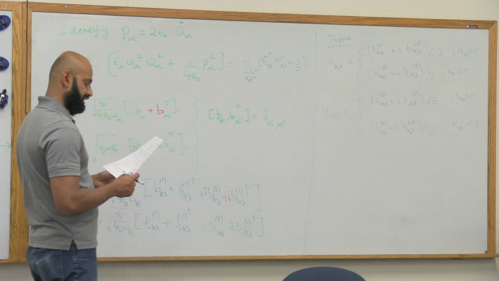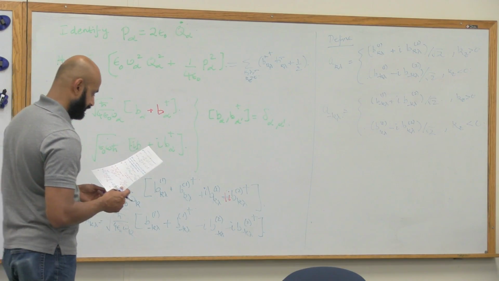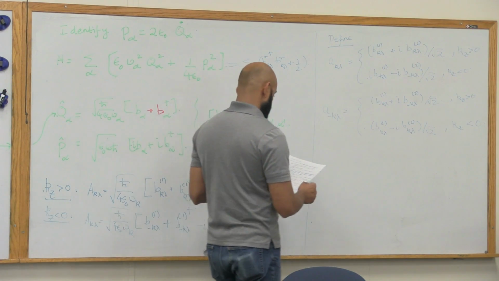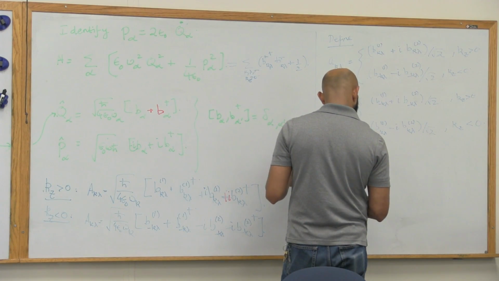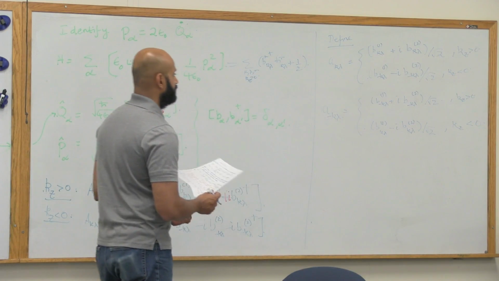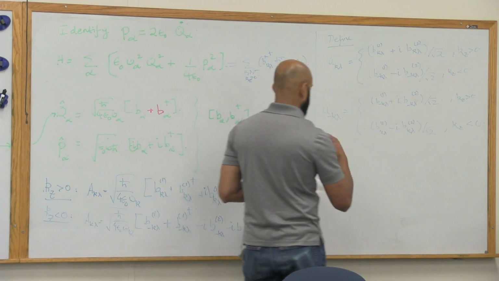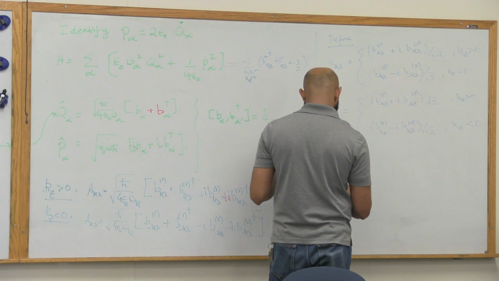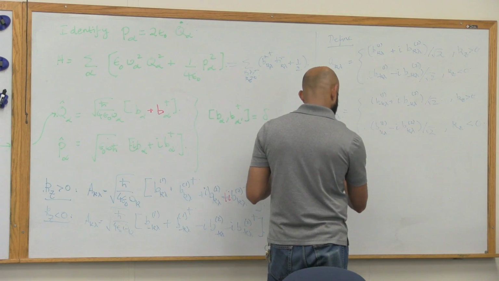So it's just the same definition written in a different form. At this point, a_k lambda and a_minus k lambda are essentially identical to each other. By taking the minus sign on the k's, we get back the same definition for the operator.